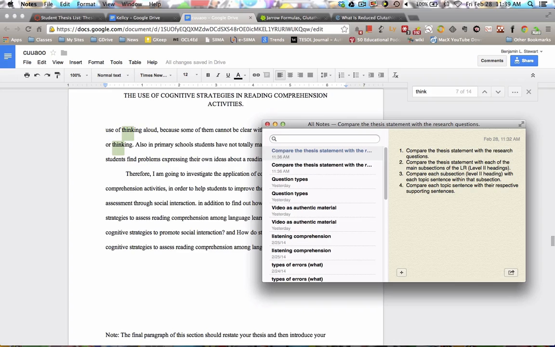Okay, and just take your revision process in sections and take it bit by bit. Break it down. Don't try to look for too many things at once, because you're going to miss a lot. Okay?